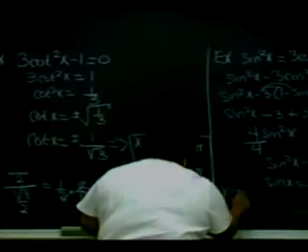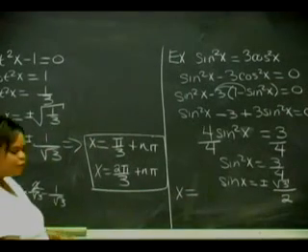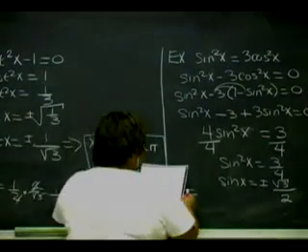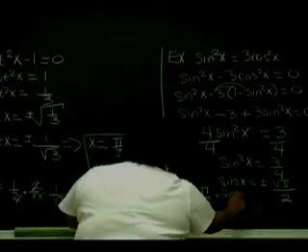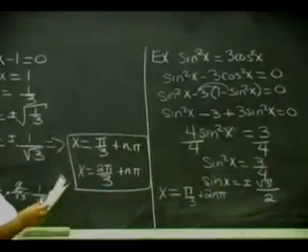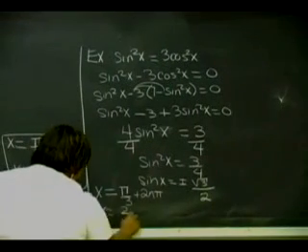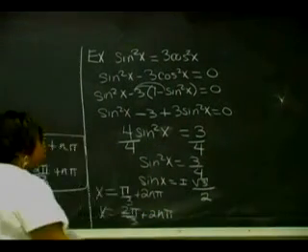So, sine square root of 3 over 2 and negative square root of 3 over 2. I have what? Pi over 3 plus 2 pi, right? I have what? 2 pi over 3 plus 2 pi.